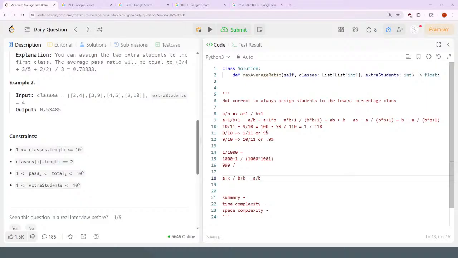If I subtract a over b from that, so that would be a plus k times b minus a times b plus k, all over b plus k times b, and distribute, subtract, ab cancels, left with bk minus ak over b times b plus k.